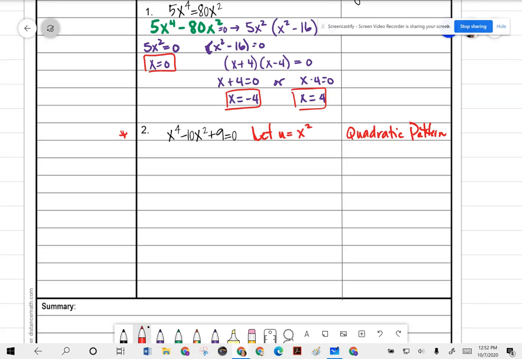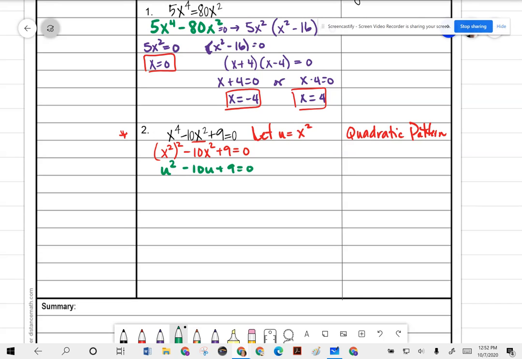So you always want to try and get it to be that simplified exponent. And then if you notice, we could take x squared squared, and that becomes x to the fourth, minus 10x squared plus 9 equals 0. And since we're letting U equal x squared, then that's like saying U squared minus 10u plus 9 equals 0.